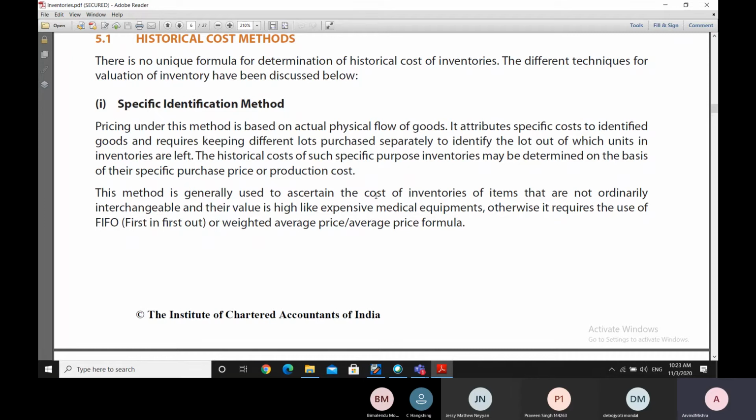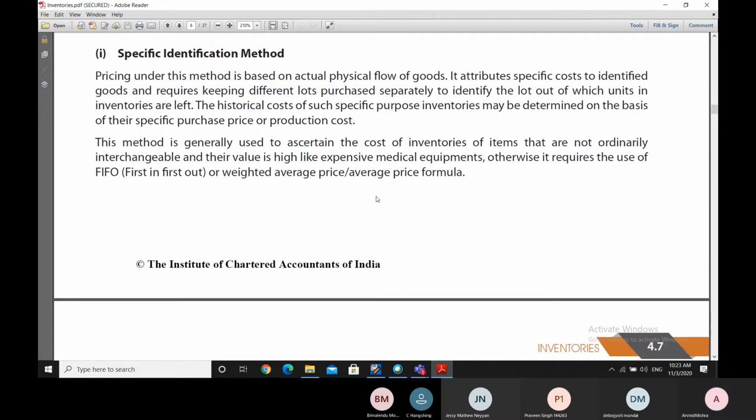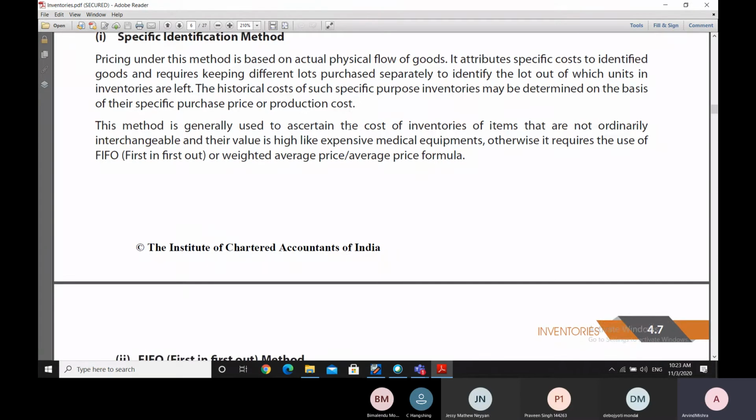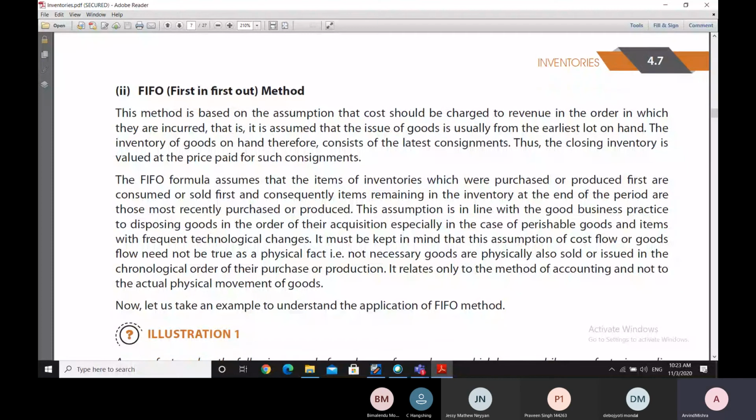And in other cases, we have to use the FIFO method or the weighted average price or average price formula. So specific identification method can only be used in specific circumstances also, where the cost is high and items are not interchangeable. Otherwise, we have to use the FIFO or the weighted average price formula. So let us understand the FIFO method.